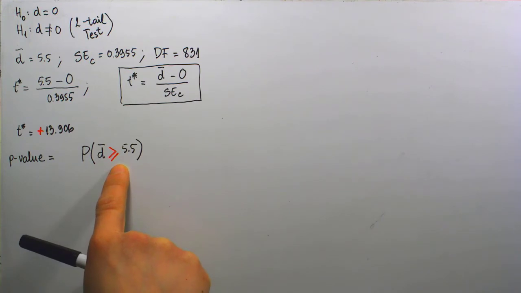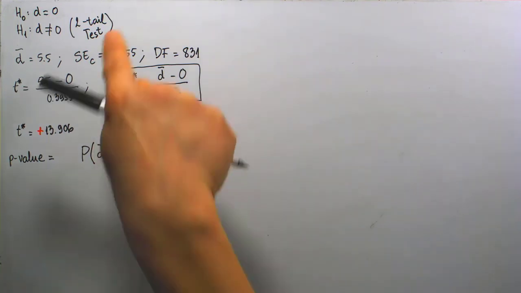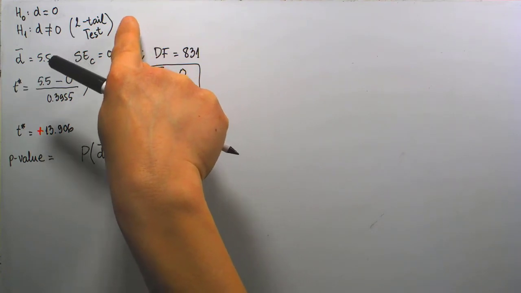This is how we can decide the inequality in our p-value calculation anytime we are doing a two-tail test.